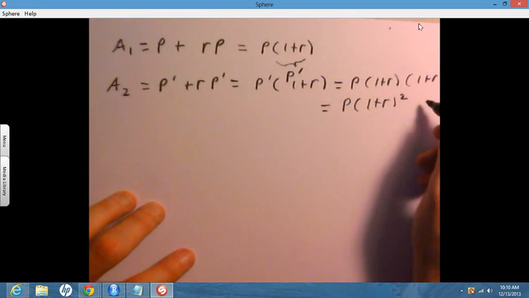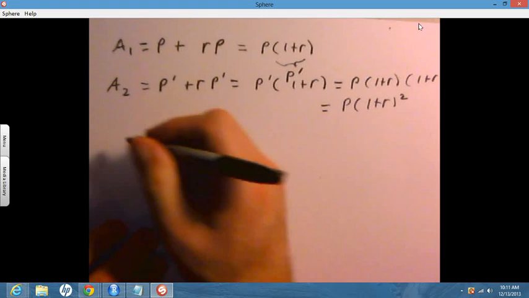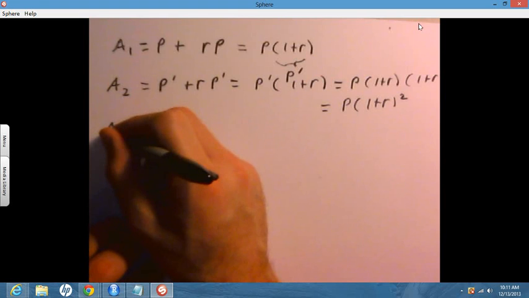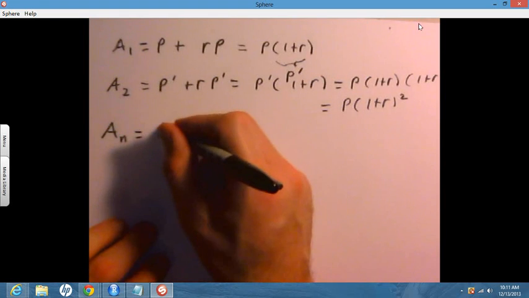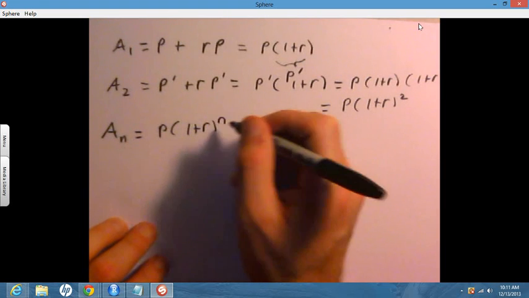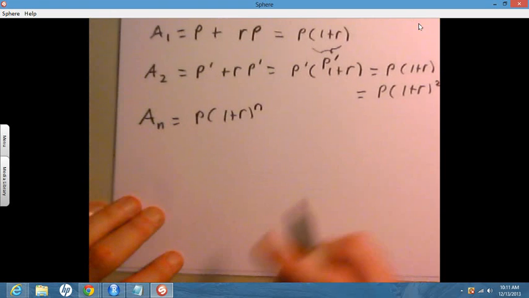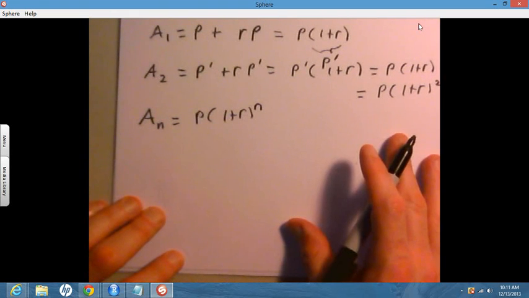And if I keep doing this over and over again, you should see that the same notion repeats itself. So after n years, my accumulated amount would be my principal investment times 1 plus r raised to the n. And if I'm compounding n times a year, then it's a very, very similar argument. This should be t.